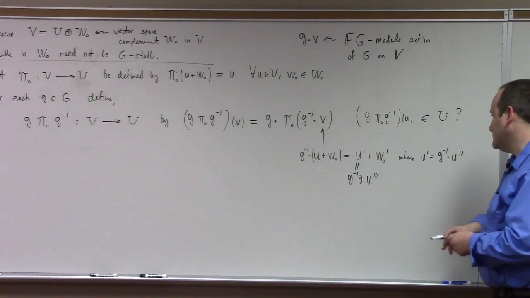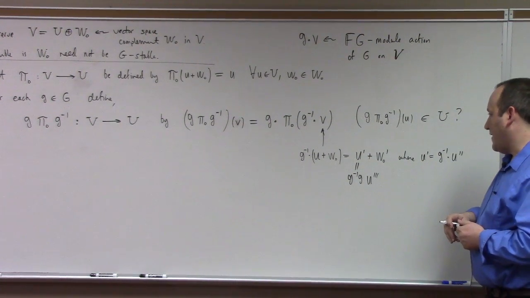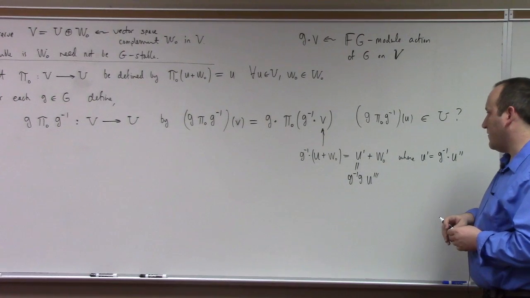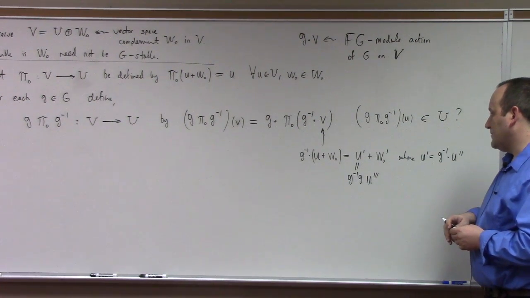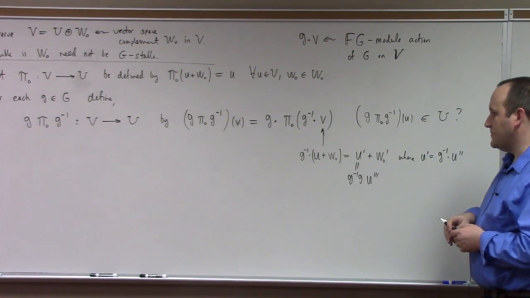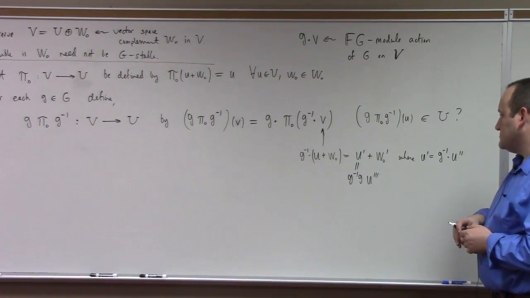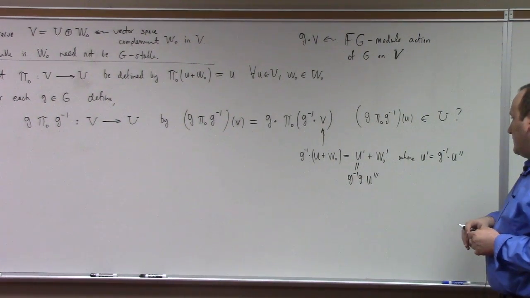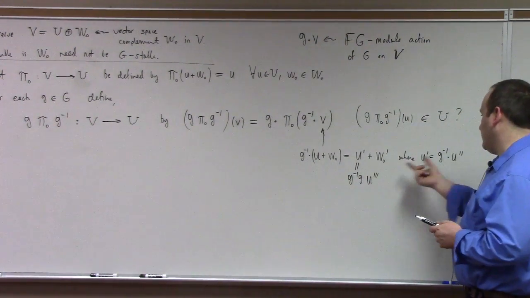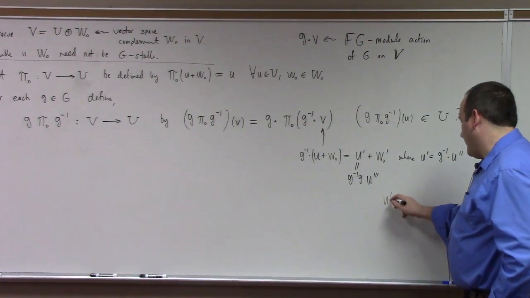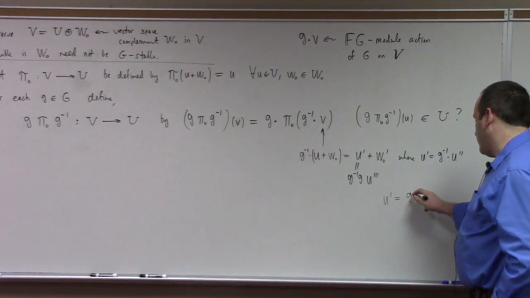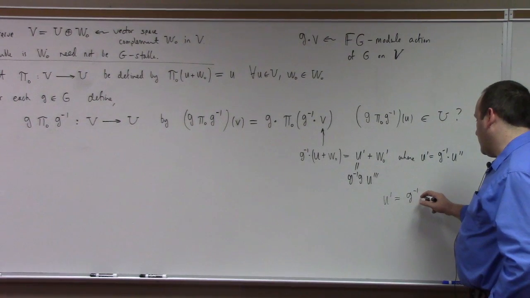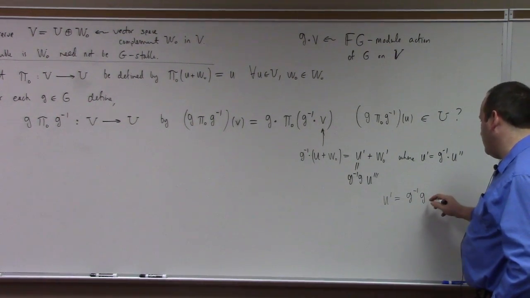I don't know. How do I know that? How do I know that what? That U prime is G inverse of U prime prime. I guess with this argument right here, I can take U prime, and I can rewrite it as G inverse G U prime, right?